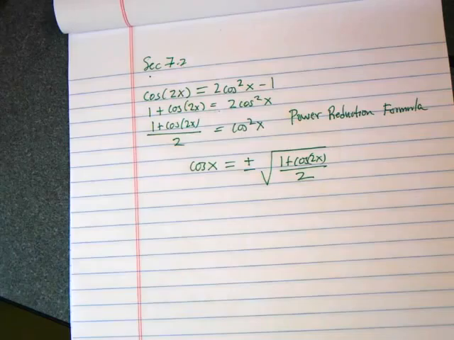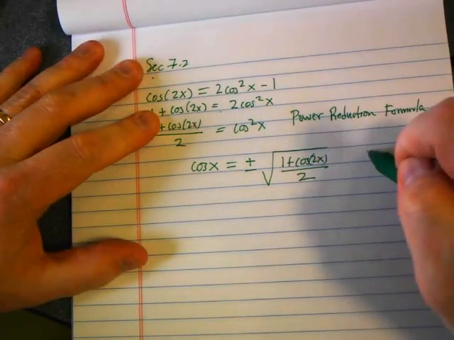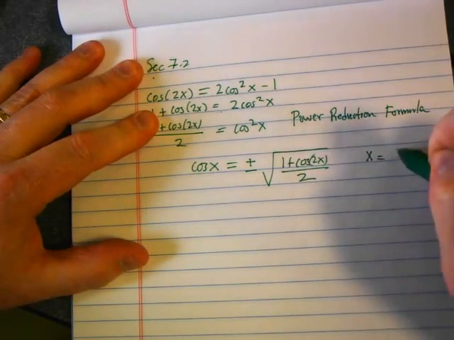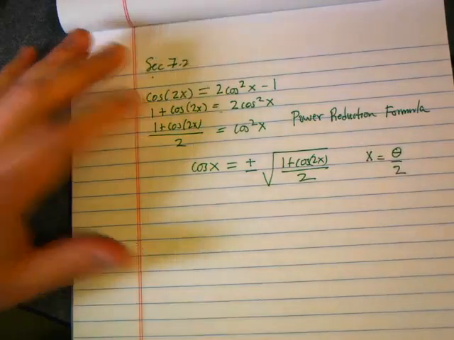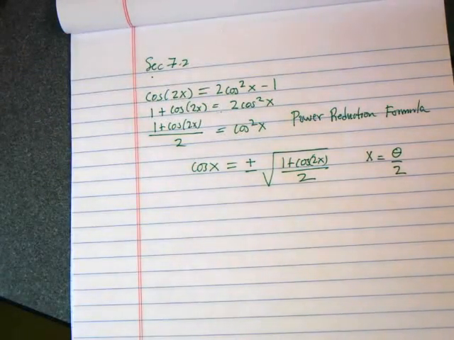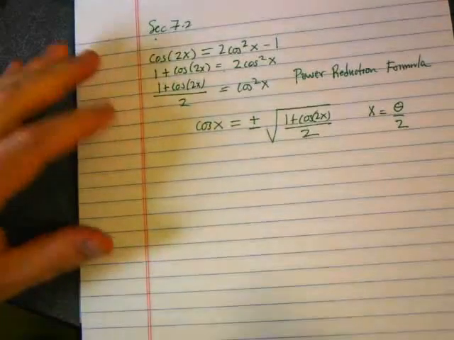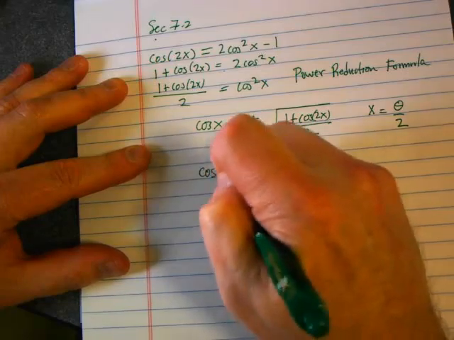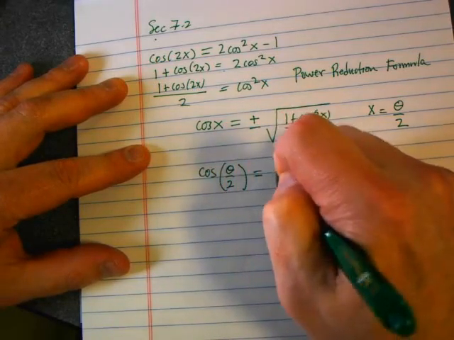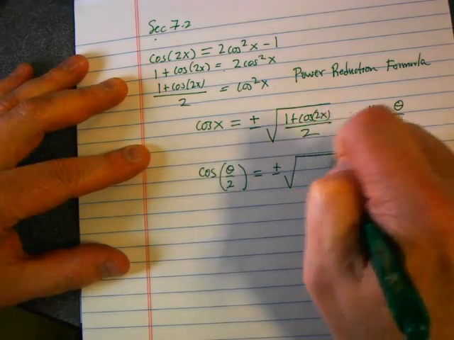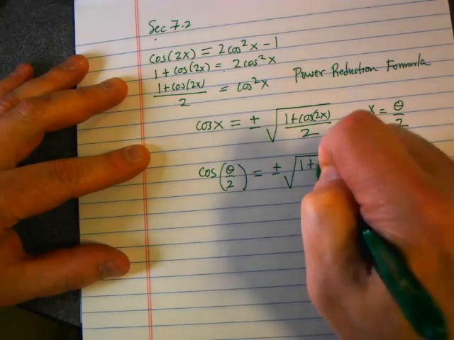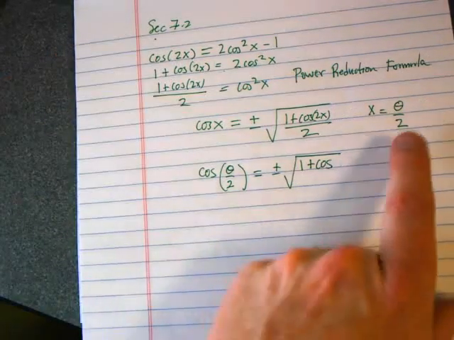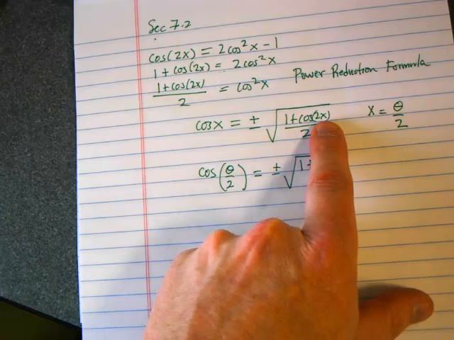And then I'm going to make a small little change. Wherever I see an x, I'm not going to write x anymore. I'm going to write theta over 2. So this formula is typically written as cosine of theta over 2 equals plus or minus the square root of 1 plus cosine. What happens when I take theta over 2 and I plug it in there?